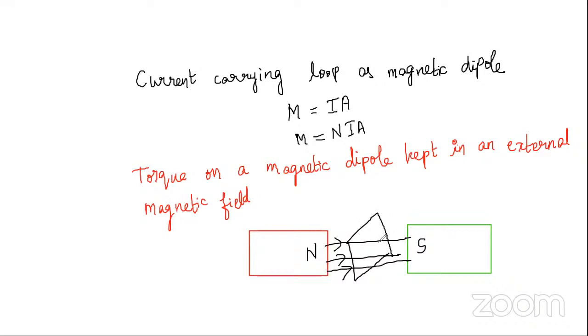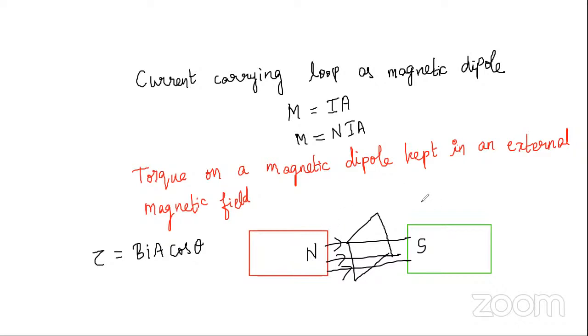Then what is the expression for the torque acting on this magnetic dipole? Torque means the magnetic dipole actually rotates in the external magnetic field. The expression for torque is tau equal to BIA cos theta, where B is the magnetic field due to the external magnet.